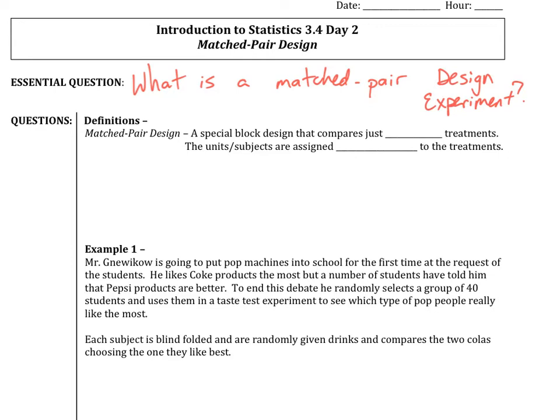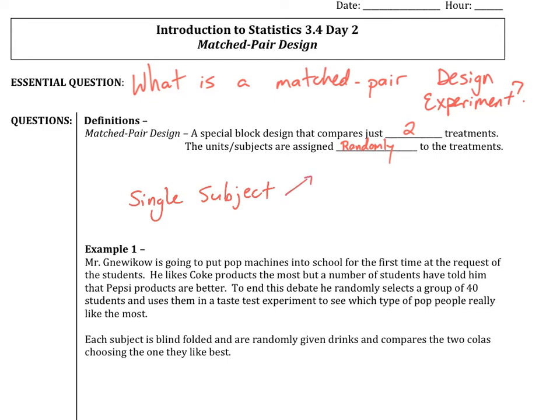A matched pair design is a special block design that compares just two treatments. The units, subjects, are assigned randomly to the treatments. So essentially we have a single subject, right? Could be a person, could be a plant or something.